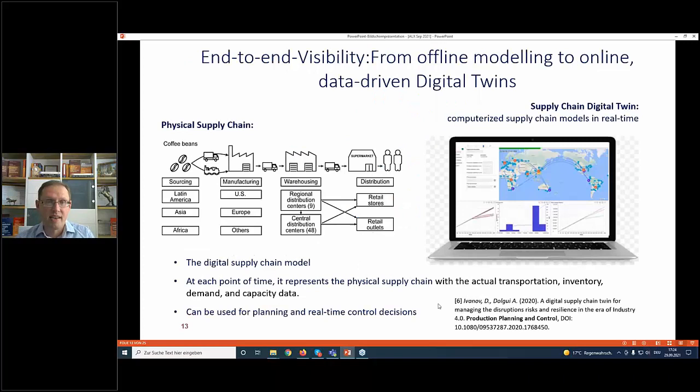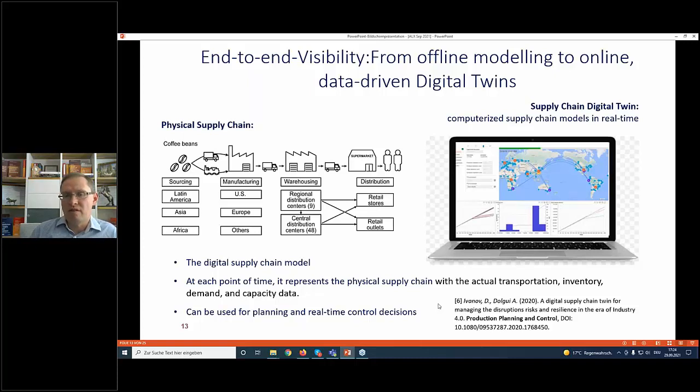All right. So now let us turn to the technological part. One of the central capabilities to improve resilience is visibility. I would say building end-to-end visibility can improve resilience. And we can build end-to-end visibility by transition from offline modeling to online data-driven digital twins. And so what is a digital twin?